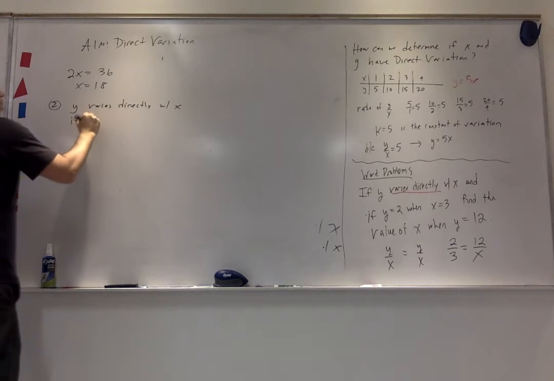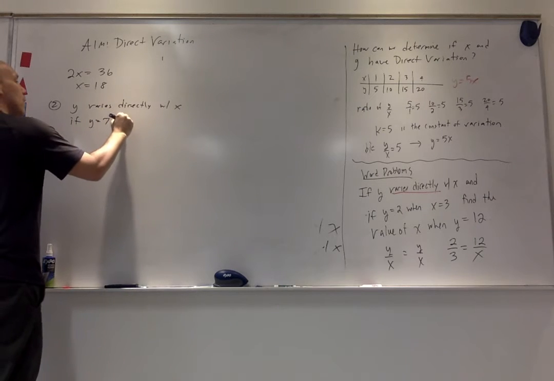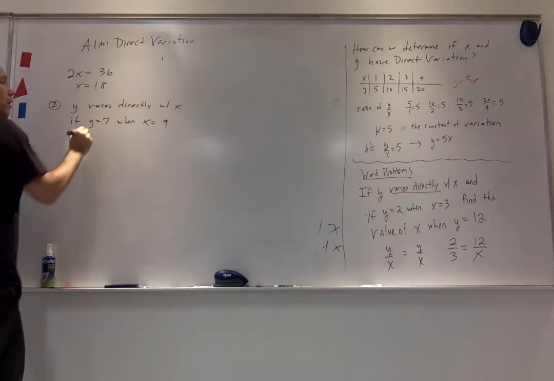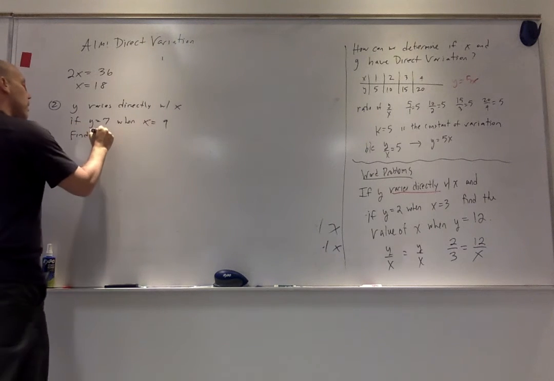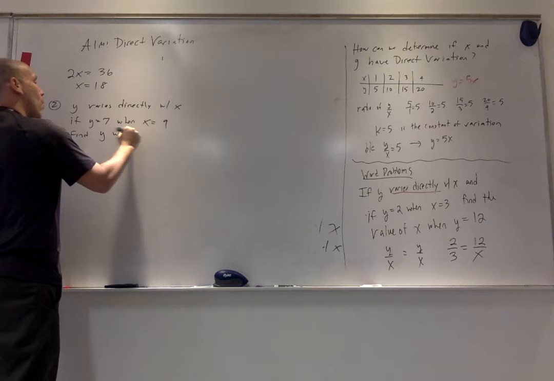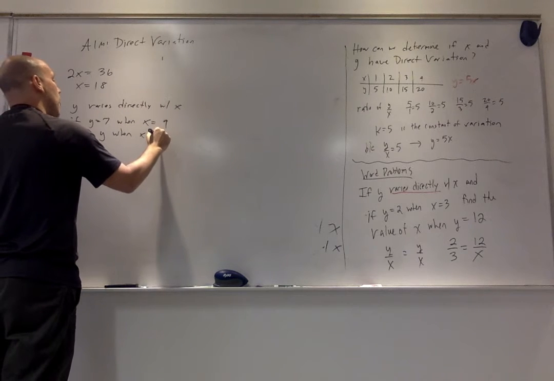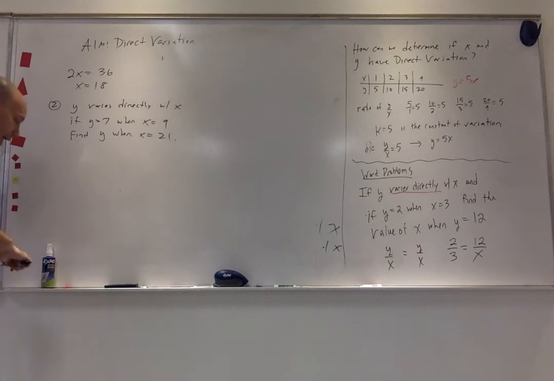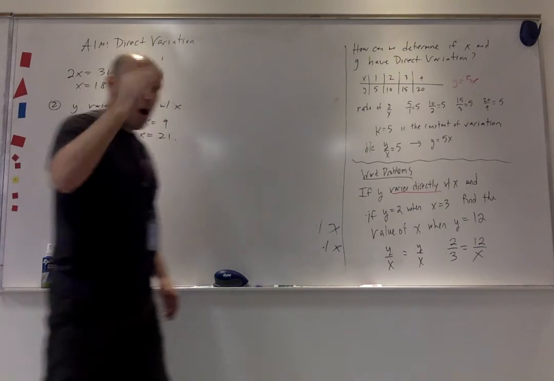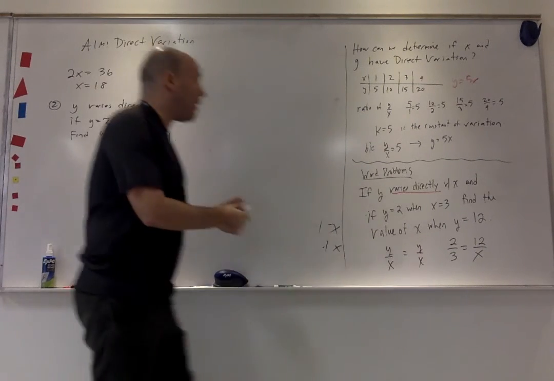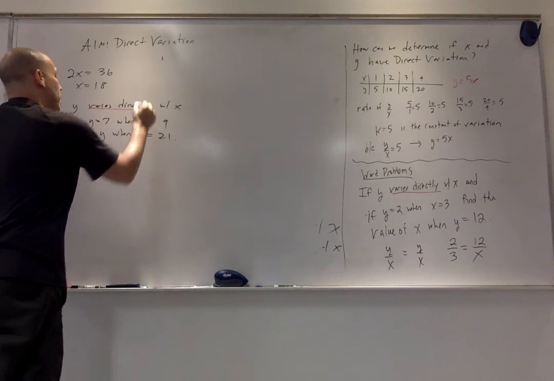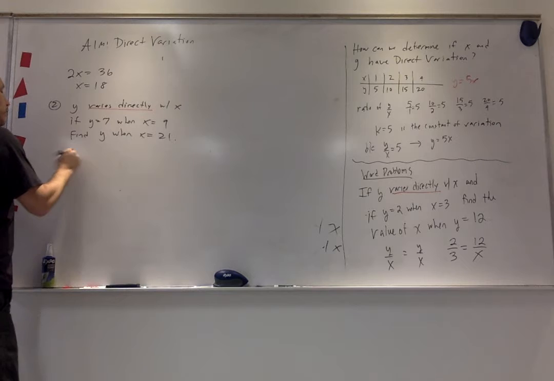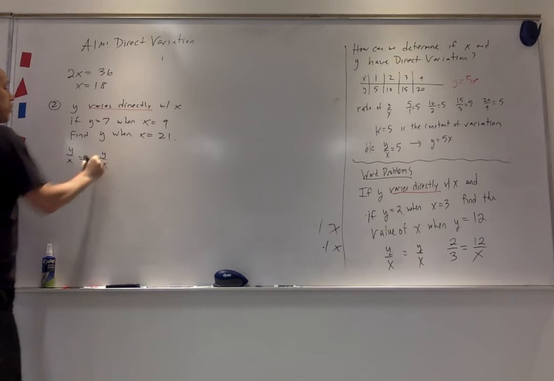If y equals 7 when x equals 9, find y when x equals, how about 21. Once again, you're reading this question and you say, oh, varies directly. You say, okay, y over x equals y over x.